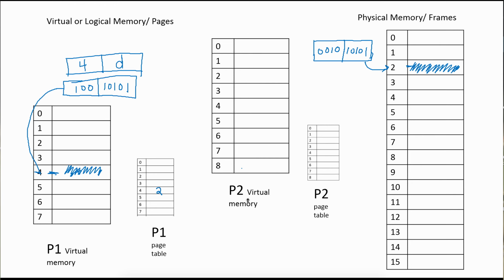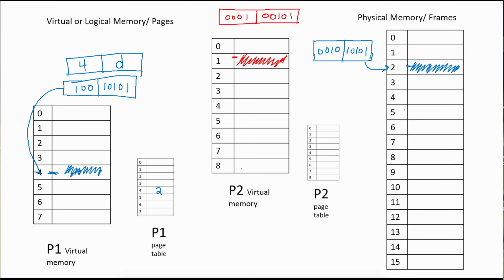So for example, process 2, let's pick a different color for process 2, like red. Say we needed something that's on page 1, like this offset up here. This would generate a logical address here that represents the page number, and then let's just say that offset is right there, and we need to find a free frame.